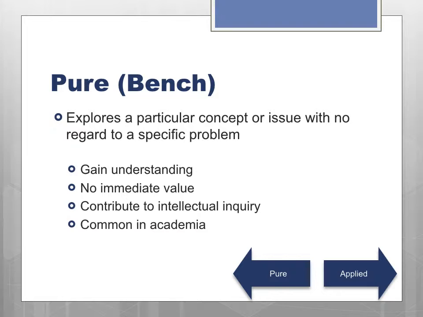But you can't necessarily do anything with the findings from your pure or bench research. Even though that can lead to a solution, pure bench research doesn't necessarily have an inherent solution or value.